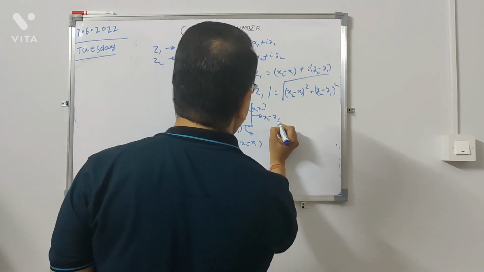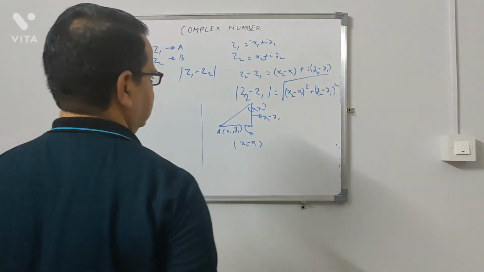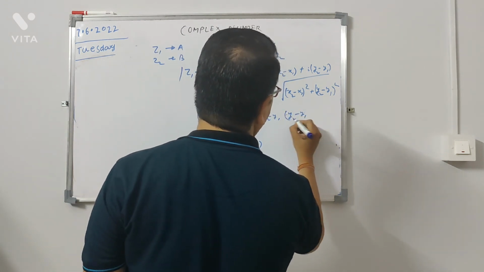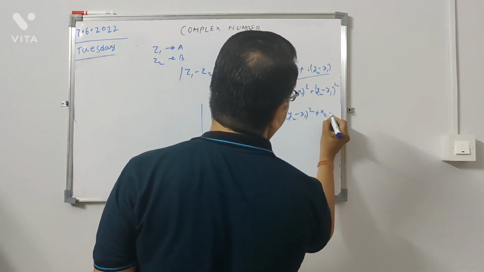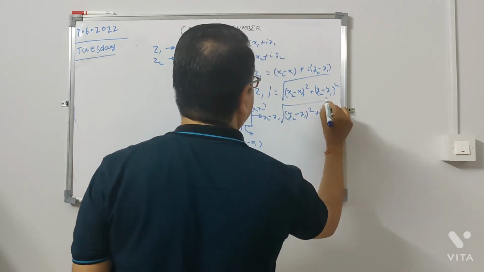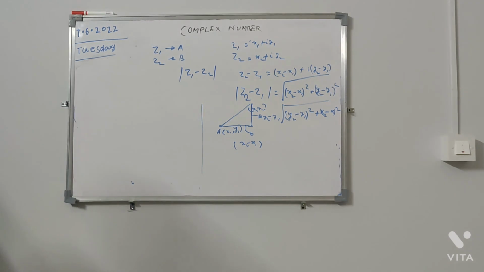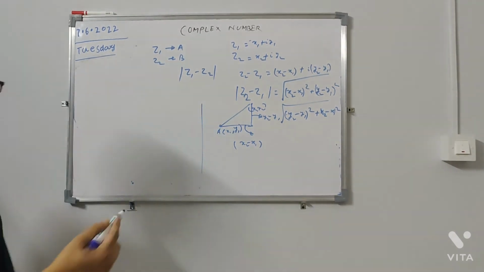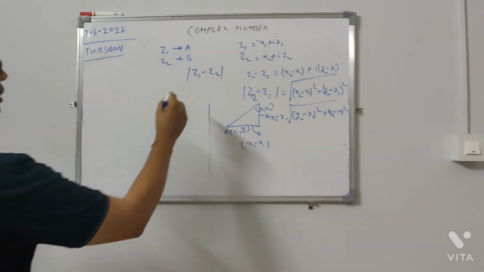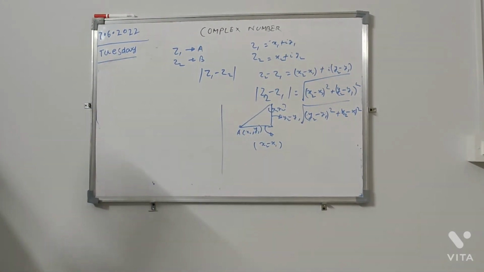The distance is this distance, so it is the square root of y2 minus y1 whole square plus x2 minus x1 whole square. So if two points are represented by z1 and z2, the distance between them is the modulus of z1 minus z2.